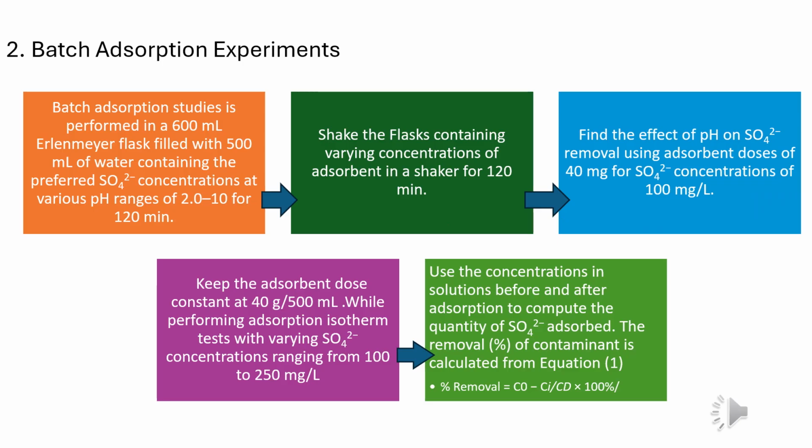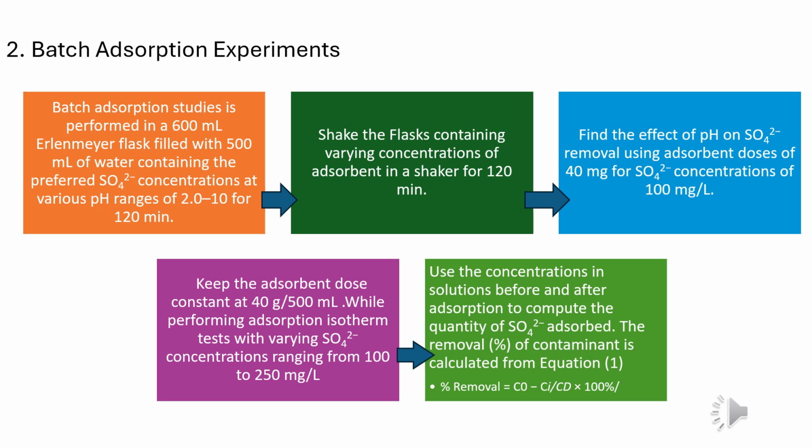The second part is the batch adsorption experiment. It is performed in a 600 ml aluminium flask filled with 500 ml of water containing the preferred sulfate concentration. Shake the flask containing varying concentrations of adsorbent in a shaker for 120 minutes. Then find the effect of pH on sulfate removal using adsorbent doses of 400 mg for sulfate concentrations of 100 mg per liter.